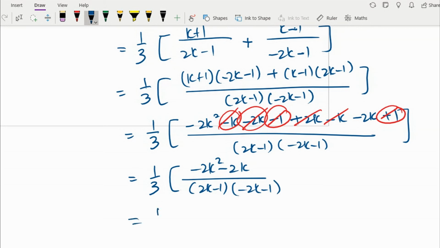Or you can factor out. This is when we can factor out stuff. We can factor out negative 2k, and we have a k plus 1. Do we overdo it, or should we leave something inside?